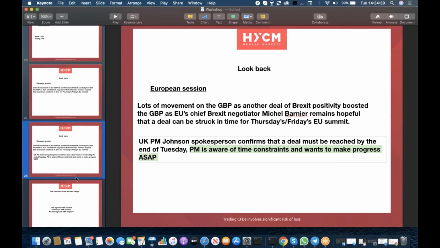Now, there's a lot of headlines coming out for the pound at the moment, as you can imagine, but where we currently are is that it seems a deal needs to be struck tonight or today. It seems to be the last opportunity.